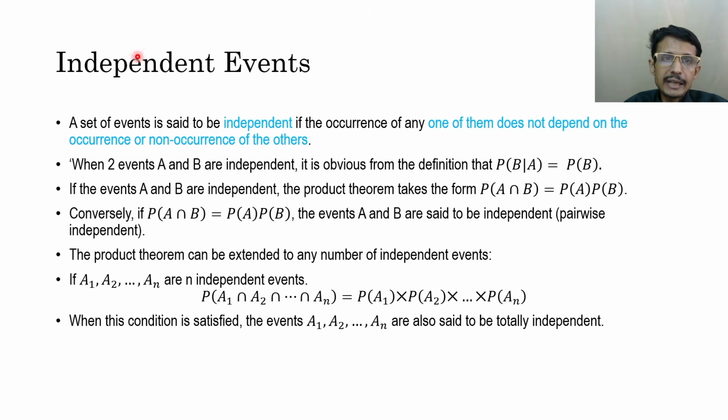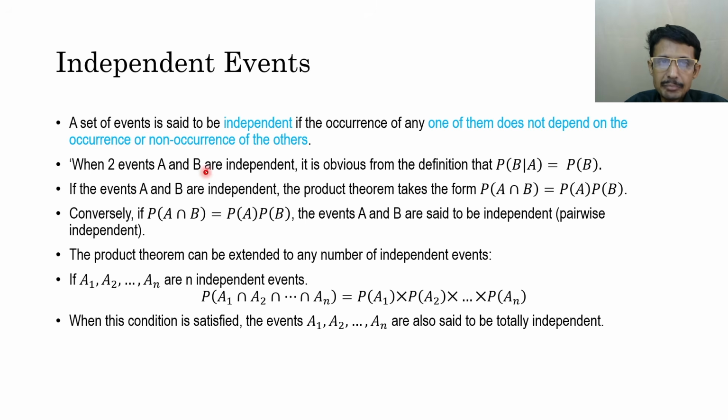Next, what do we mean by independent events? That is also very important. A set of events is said to be independent if the occurrence of any one of them does not depend on the occurrence or non-occurrence of the others. Let's take an example.